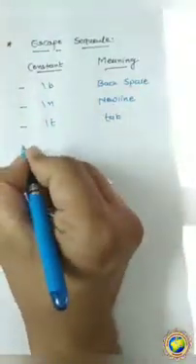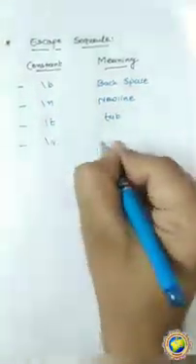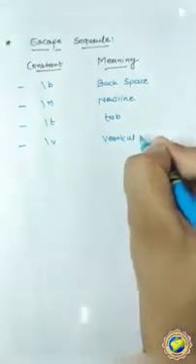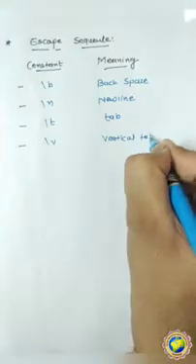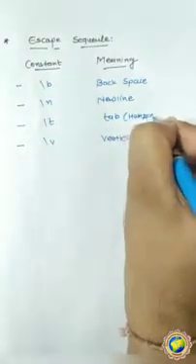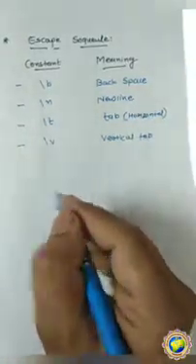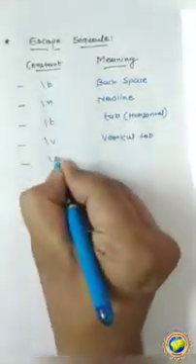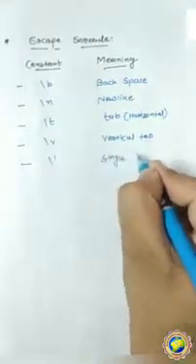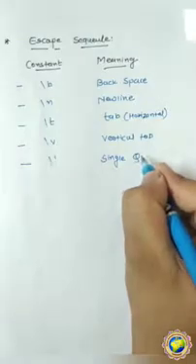Okay, \v is used for a vertical tab. Then \' is used for a single quote.